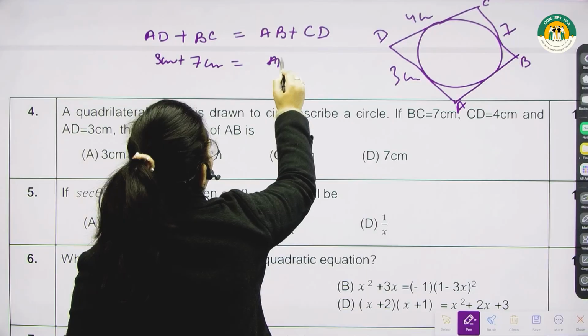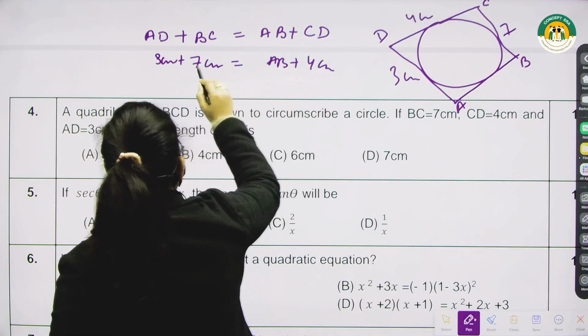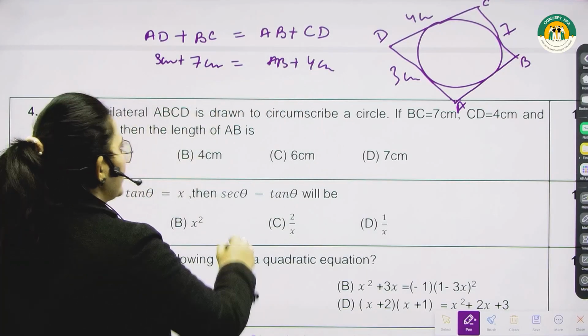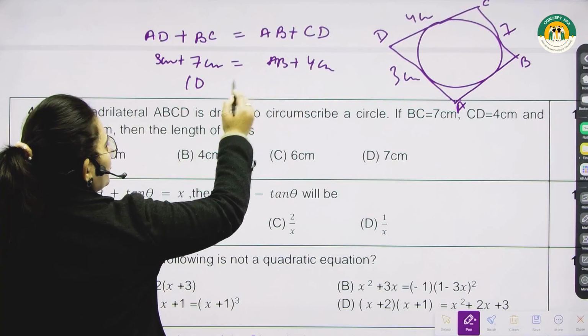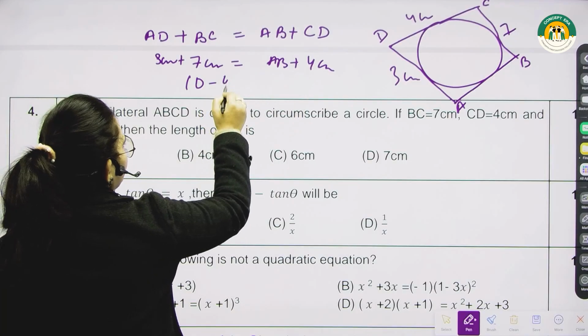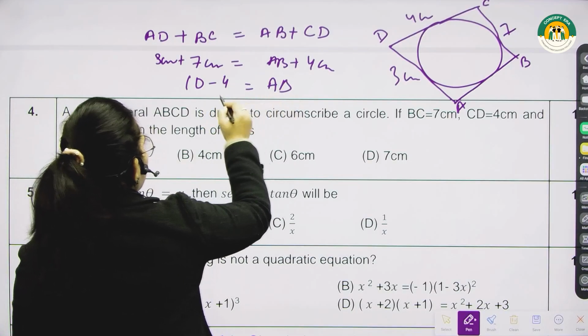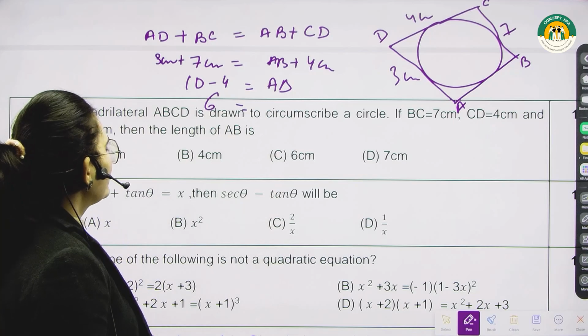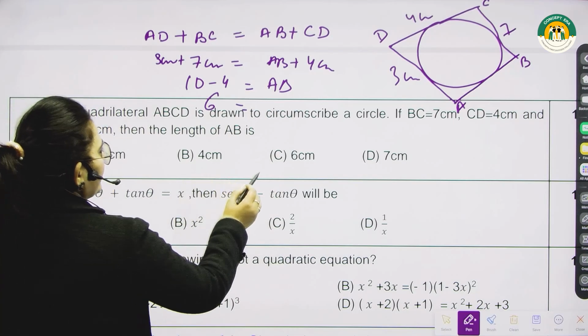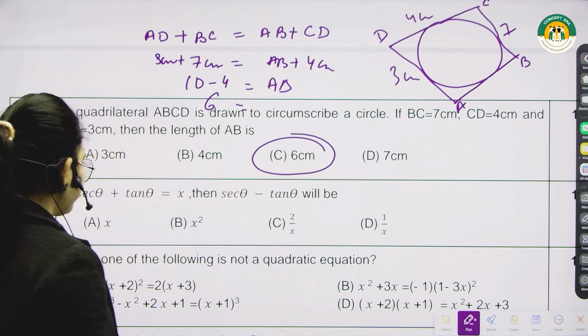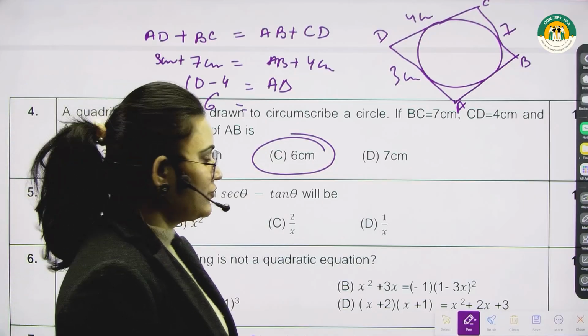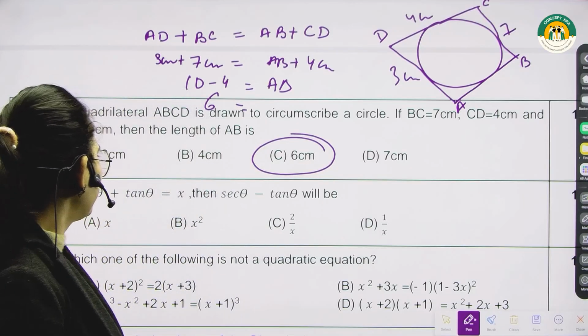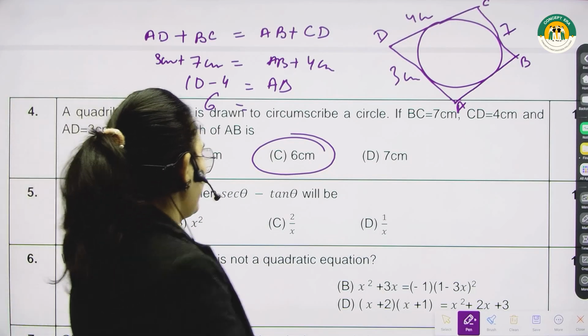AB we have to find and CD is 4 centimeter. 7 plus 3 is 10, and when we transpose 4 from right to left, it is 6 centimeter. So the length of AB is 6 centimeter. So this is question number 4. Now move ahead towards question number 5.